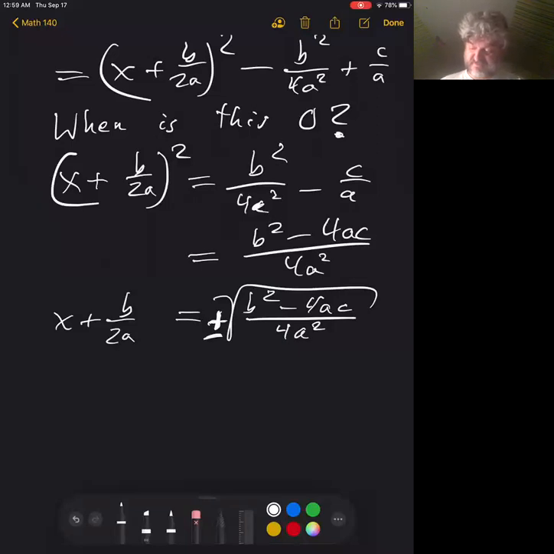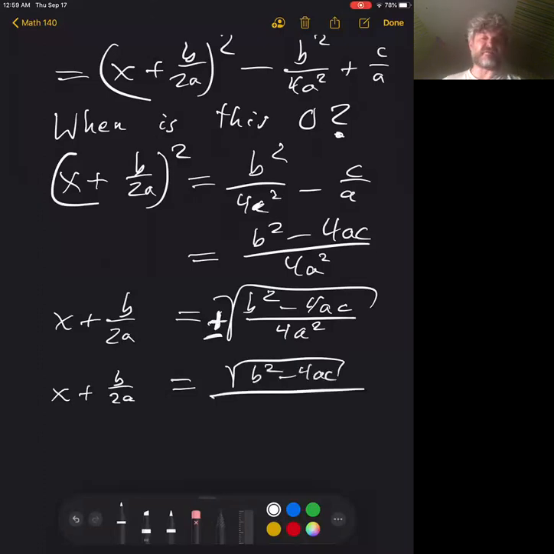We only want to simplify that square root. Square root of a fraction is the fraction of square roots. So we get the numerator square root of b squared minus 4ac. And denominator square root of 4a squared is just 2a with the plus minus sign taking care of the possibility that 2a could be negative.